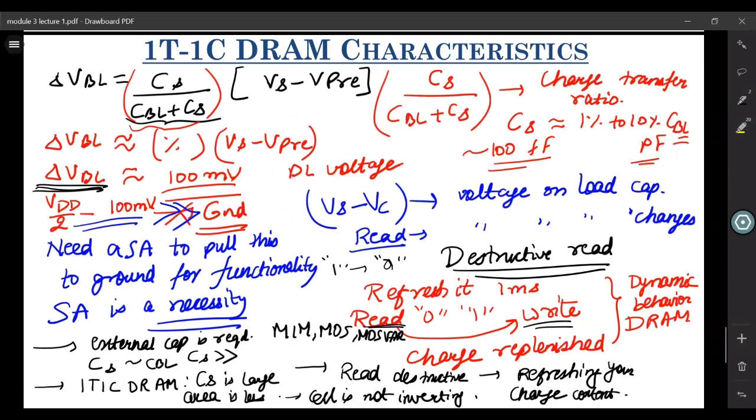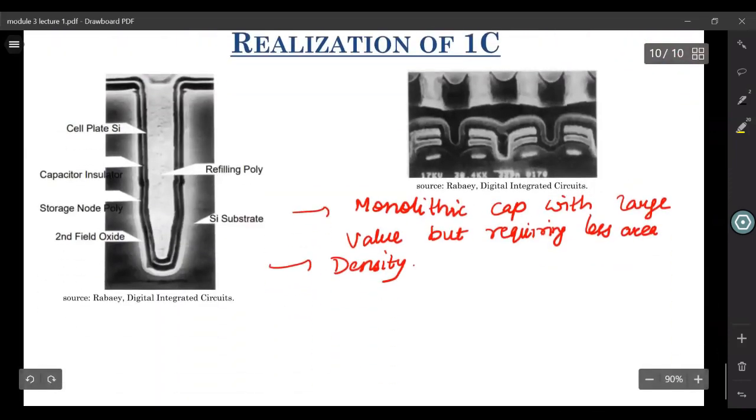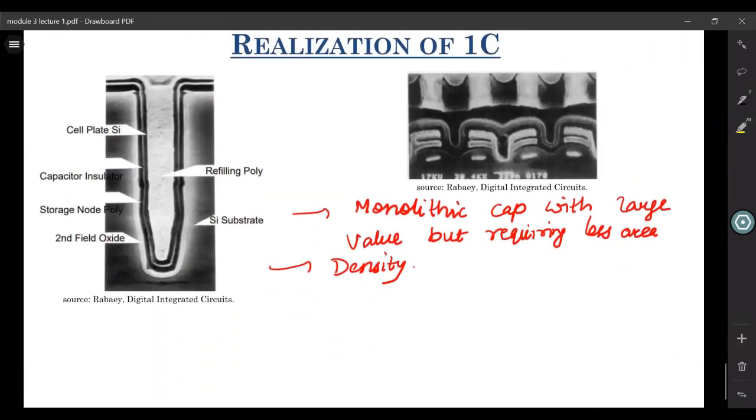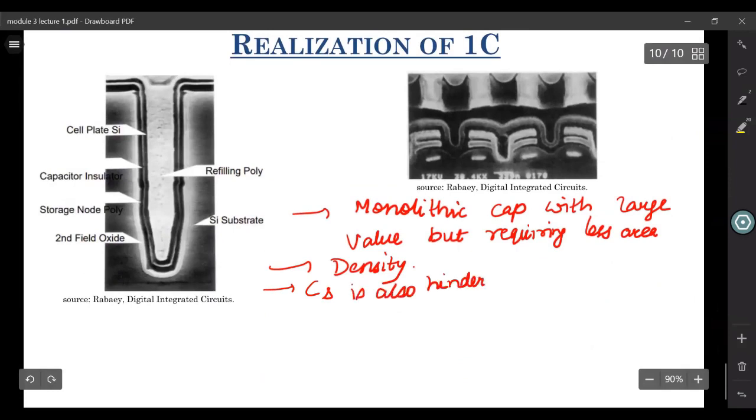And because of that, there would be even less transition on the bit line, or the bit line voltage will drop even lower if you have a very low charge transfer ratio. So this CS is also hindering scaling of 1T, 1C.